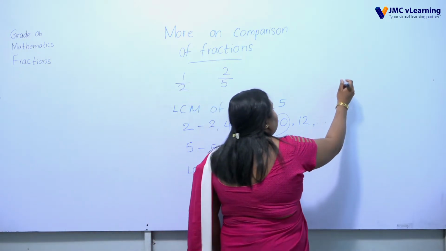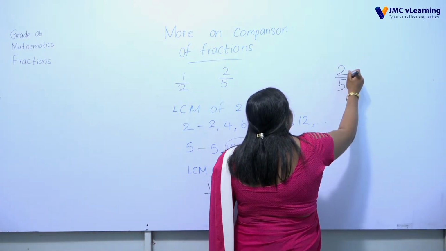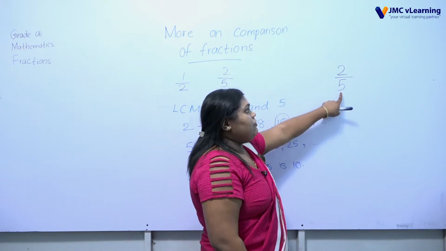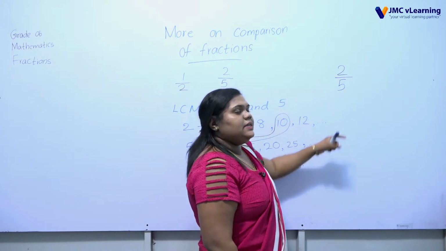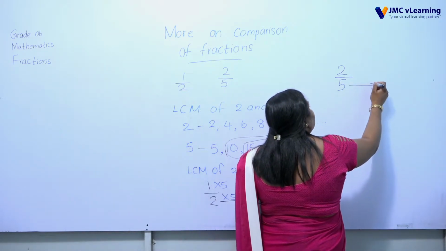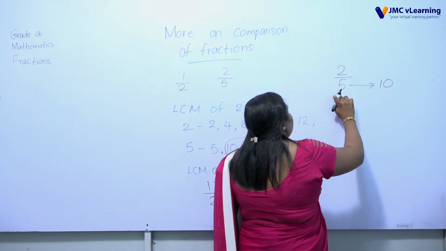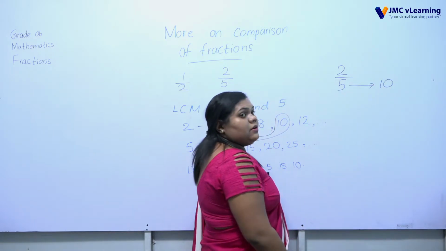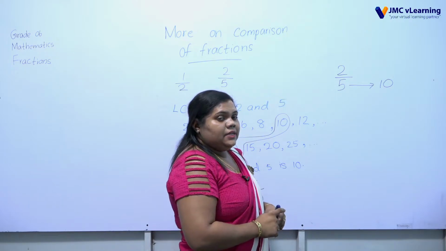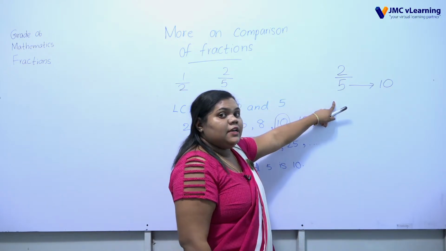Okay, children. Now, this 2 out of 5. This 5 I need to convert into 10. How can I convert 5 into 10? I need to multiply this 5 by 2.